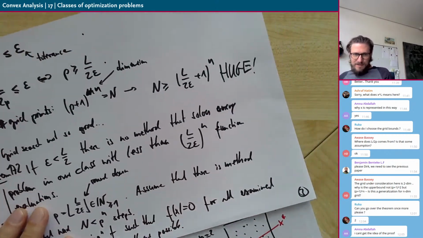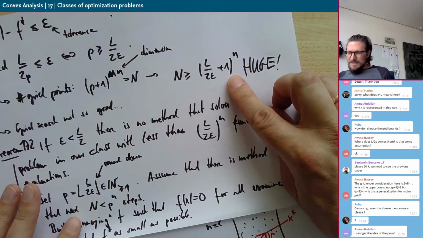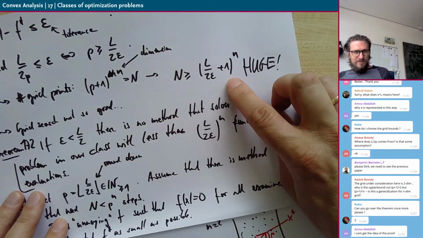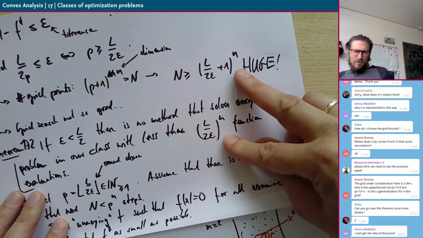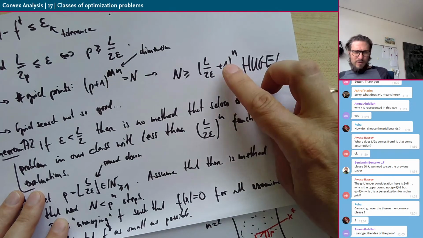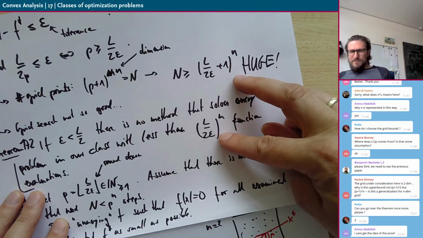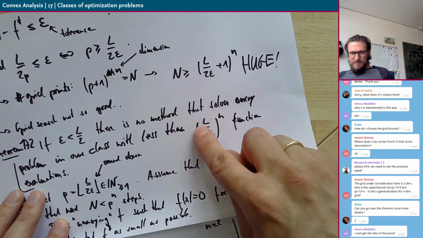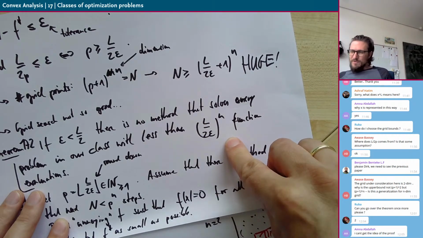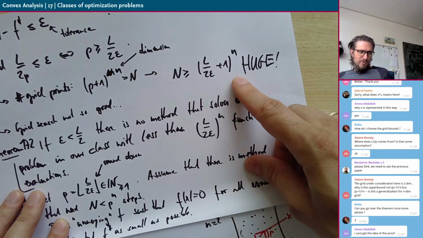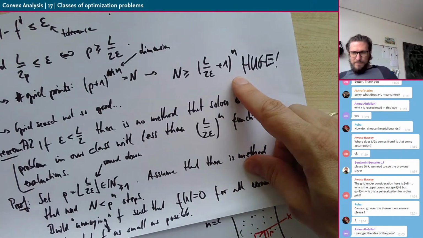We've seen that grid search gives an epsilon output with this many iterations, but you can't get better than that, and they're already pretty close. The only difference is this +1 down here. So the difference is still large, but it's a constant factor somehow. The lower bound for the best algorithm is not much better than what grid search is able to achieve.